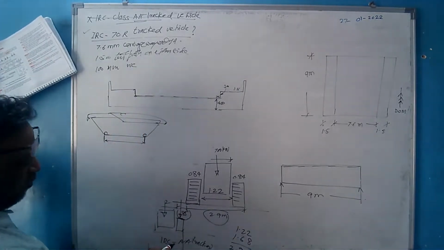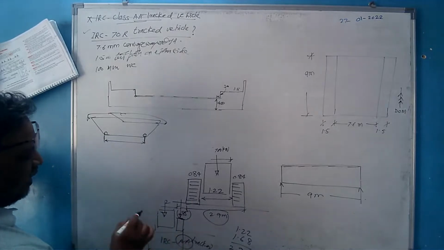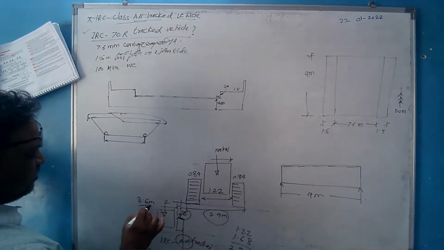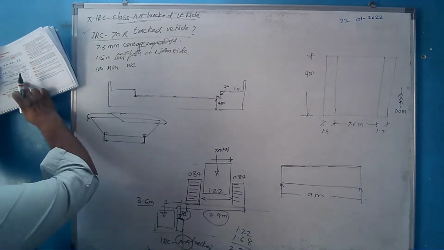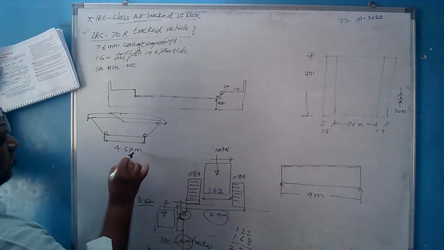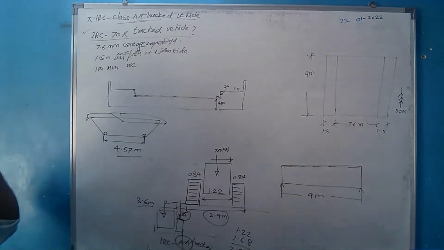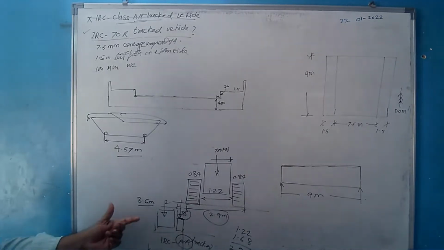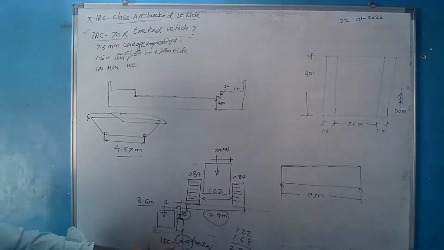How much was it earlier? When it was IRC class AA, it was only 3.6 meters. How much is it here? 4.57 meters. So the dimension of the vehicle is larger. Earlier the contact length was only 3.6 meters when we took the IRC class A track vehicle.